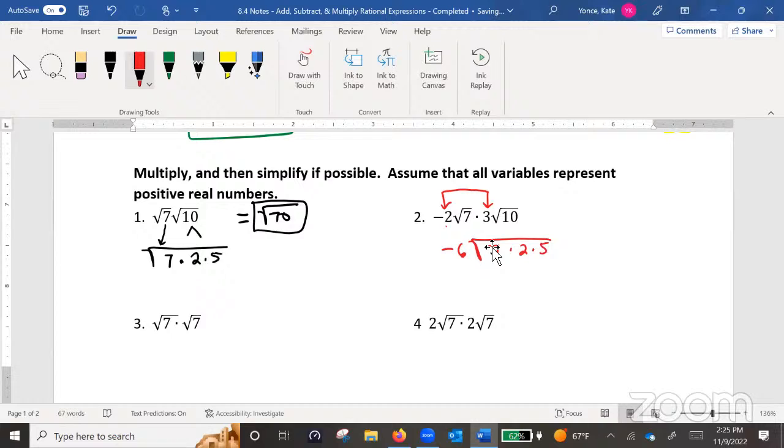I would have done that in my head and realized, okay, it can't be simplified. So I'm just going to multiply 7 times 10. So just -6 square root of 70. Does that make sense? We multiplied the square root of 10 times the square root of 7.